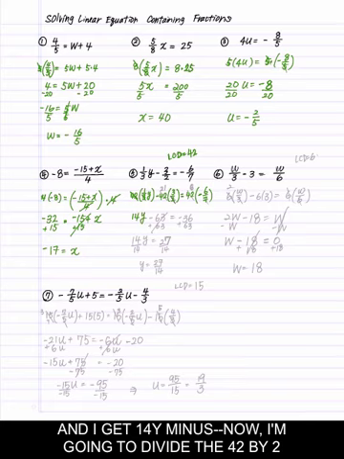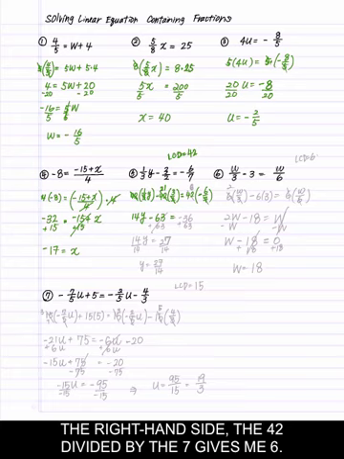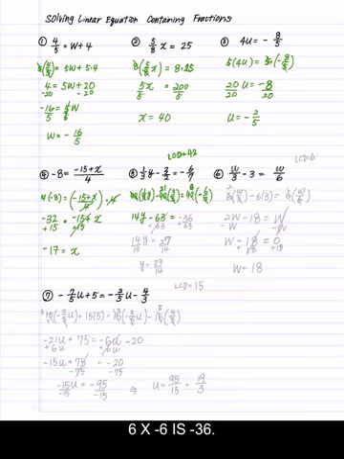Minus, now I'm going to divide the 42 by 2, which gives me 21, and then 21 times 3 gives me 63. The right-hand side, the 42 divided by the 7 gives me 6. 6 times negative 6 is negative 36.